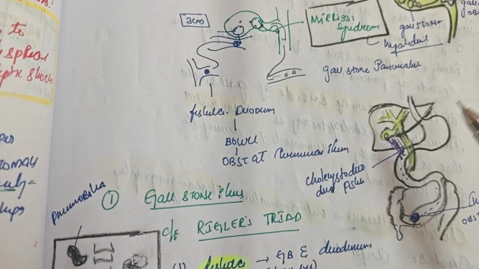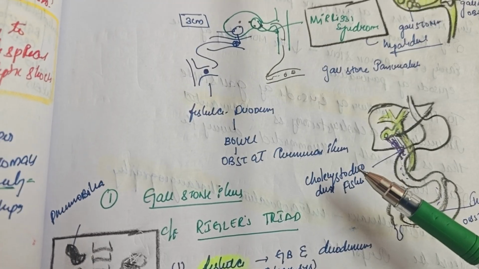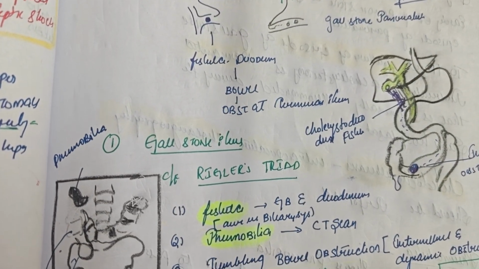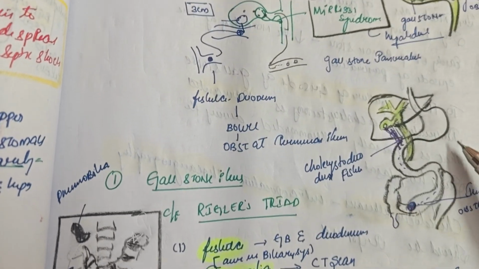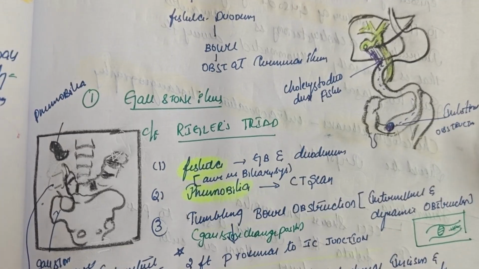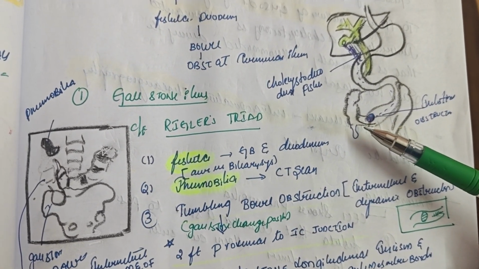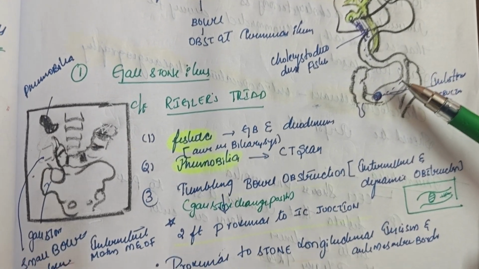So the moment there is a fistula, the stone passes, and the air from the small intestine enters into the gallbladder, and you can find air in the biliary tree, that is pneumobilia.